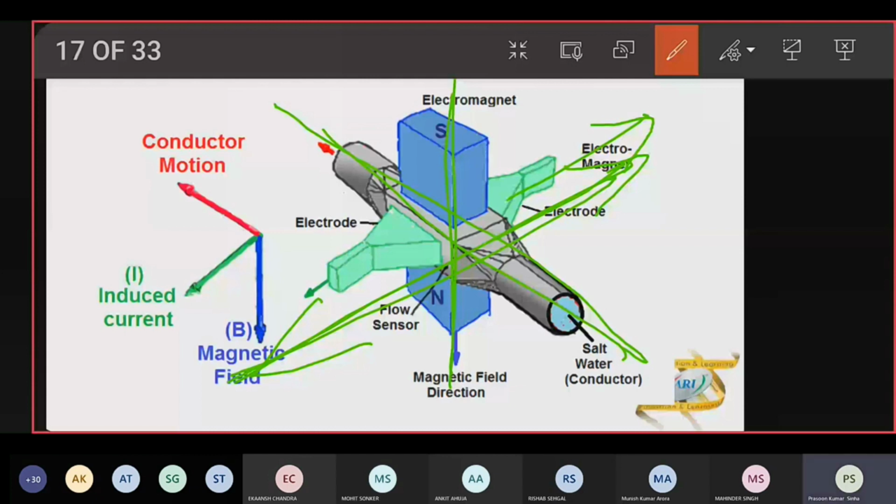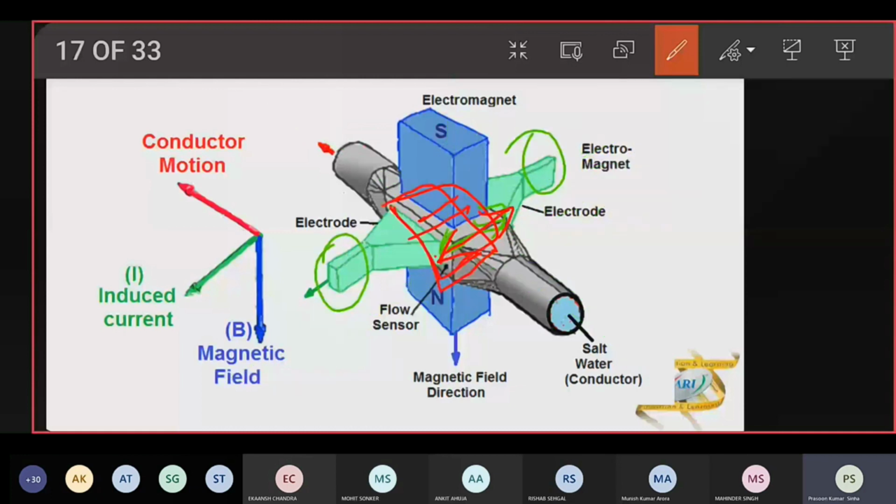Yes, sir. To pick up that current, we have got two electrodes placed in the athwartship direction around the flow sensor. The width of the flow sensor, or cross section rather, the entire area of water in the middle, that is the conductor, and that will be showing the current. Conductivity of the water will play a role.